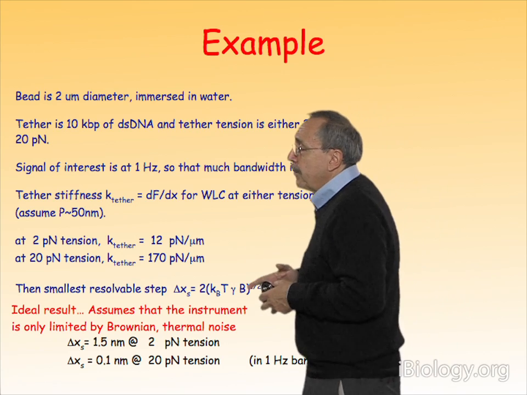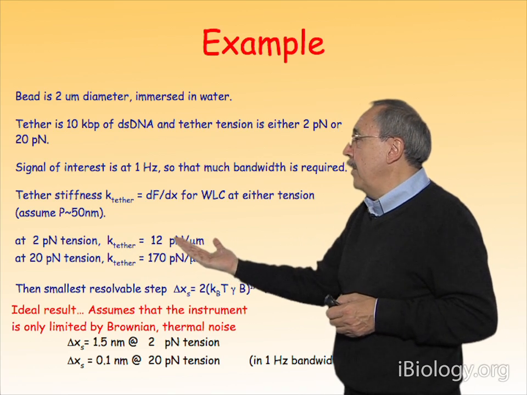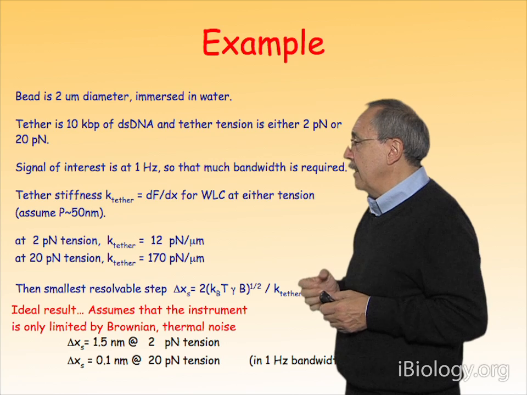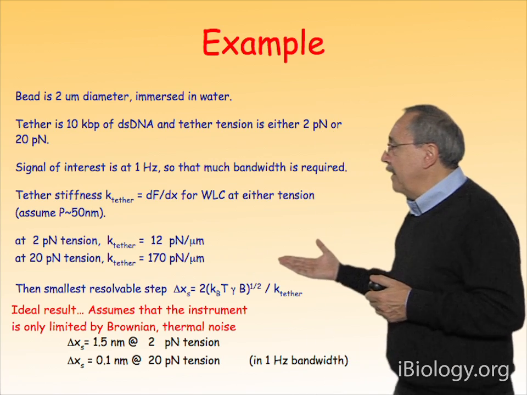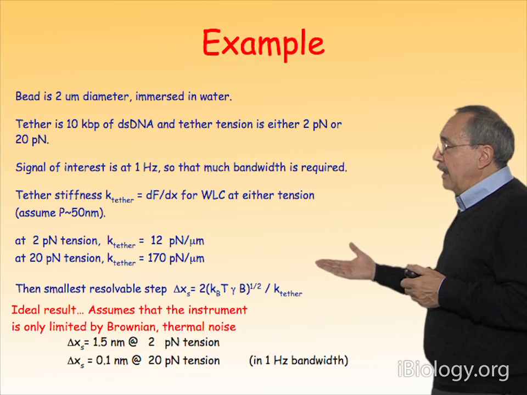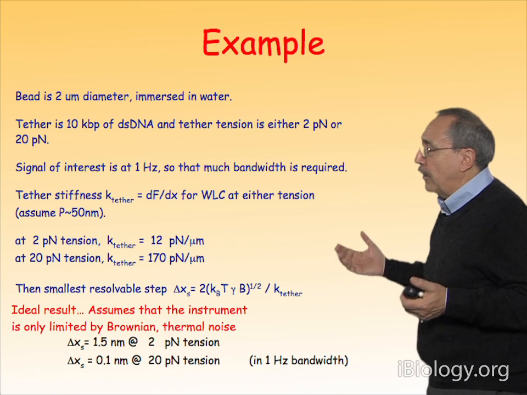So obviously, it's convenient to work at higher forces. You can see that your K tether is much stiffer now, and so you generally want that. The smallest resolvable step we decided was given by an inequality, but then we make it an equality because we are going to assume that we want a signal-to-noise ratio equal to 1.